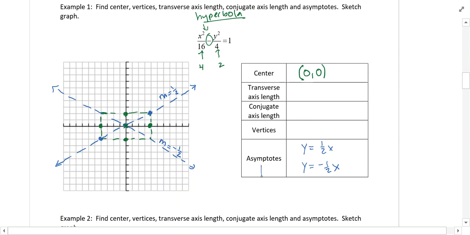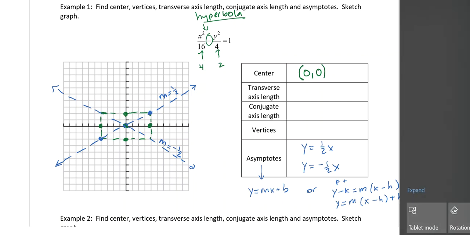When we do our asymptotes, we're either going to use y equals mx plus b, if we can see the y-intercept really nicely, or sometimes we're going to use point slope, with y minus k equals m times x minus h, or you could have the k on the other side as well.